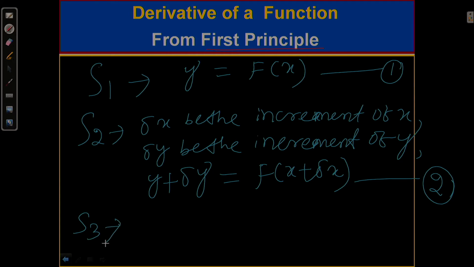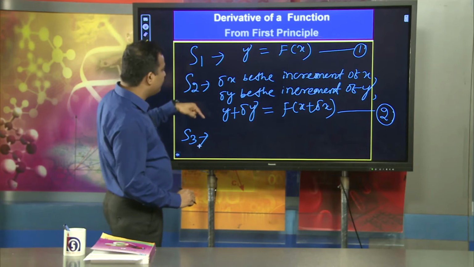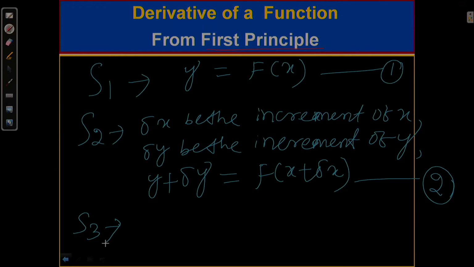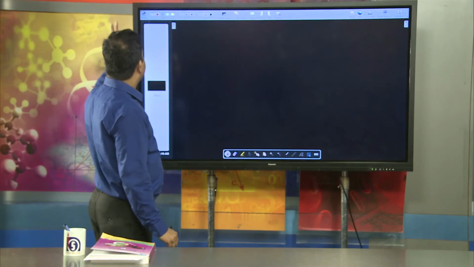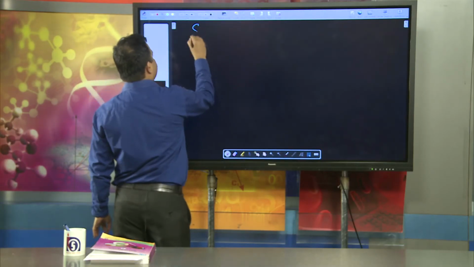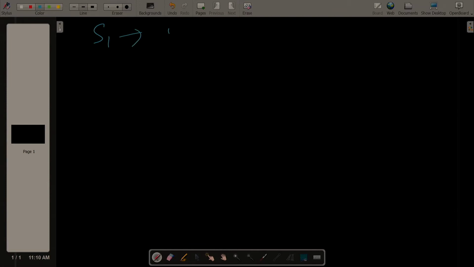Step 3 says very simply that we have to subtract equation 1 from equation 2. That means, again, I would like to tell you what exactly we are going to find. Step 1 says very simply that you have to write y equal to f of x. This is equation 1.